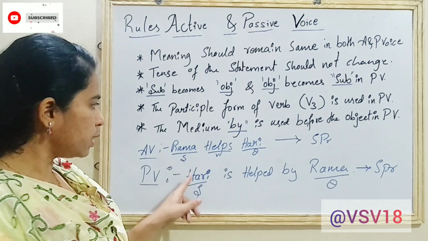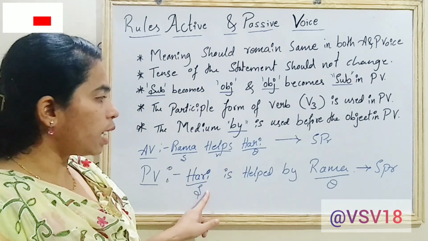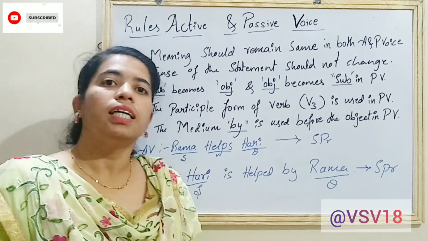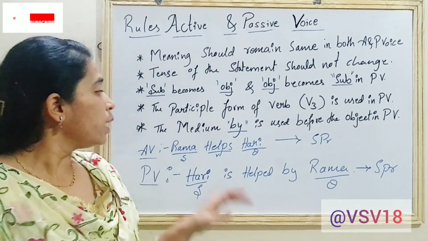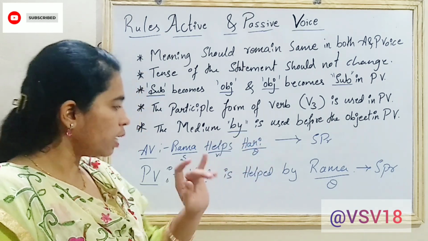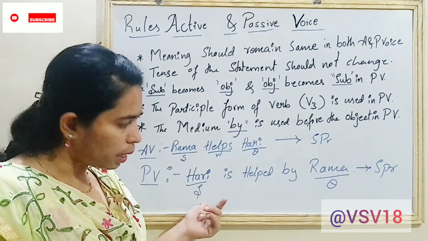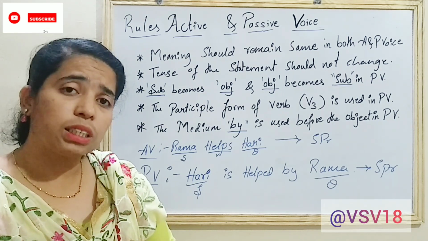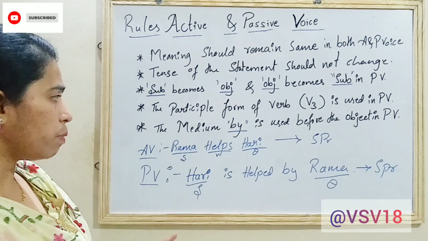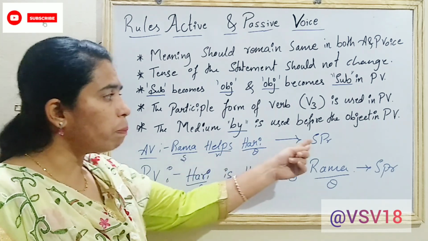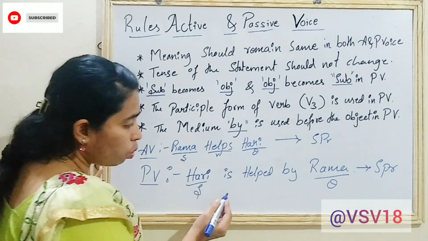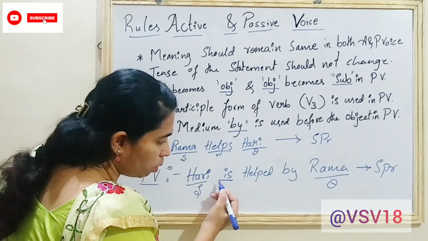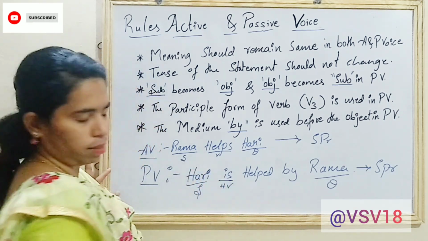Did the meaning change? Rama helps Hari. Hari is helped by Rama. Did our meaning change? No. Here also Rama is helping Hari. Here Hari is helped by Rama. Rama is only helping Hari. We have not changed the meaning of the statement. As it is in simple present tense, to show our present tense, we wrote the helping verb is.